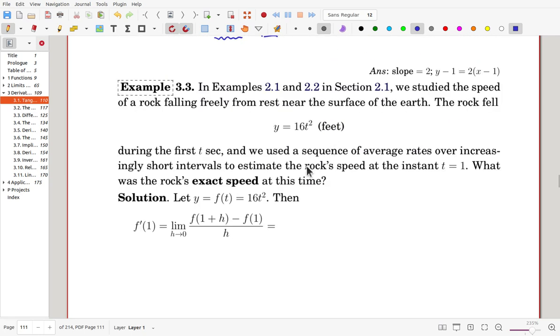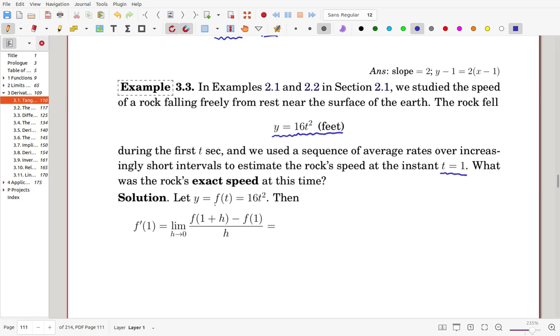Okay, earlier we studied the speed of a rock falling freely, and we call this Galileo's free fall formula. And now we try to find the exact speed at t equals 1, which means the instantaneous speed. So if we consider this as a curve, then we have to find the slope of the curve.